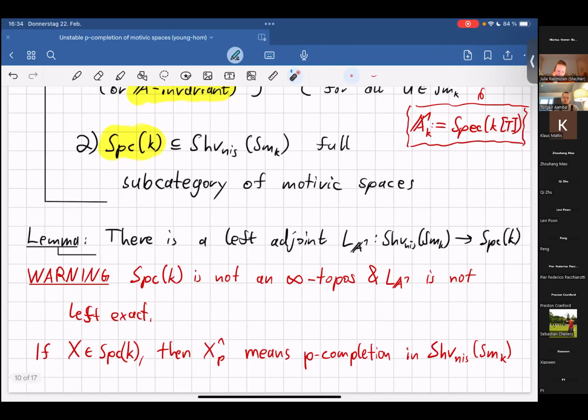I should warn you that this guy is not an infinity topos, and this functor is not left exact, so it does not commute with finite limits. So if I have a motivic space X, then the p-completion always means p-completion in Nisnevich sheaves and not in motivic spaces, because this is not an infinity topos.